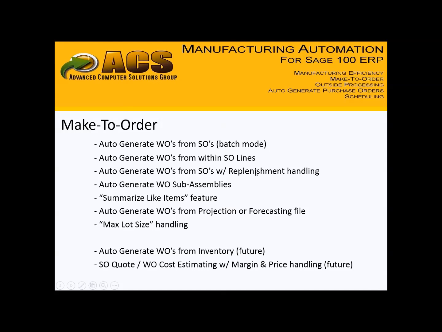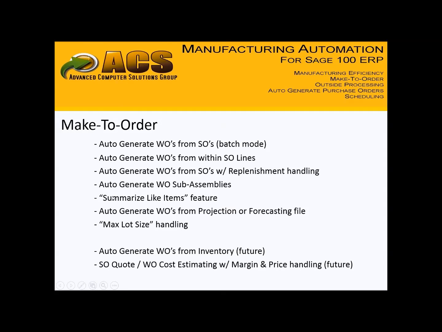When I say replenishment handling, I'm talking about availability, and then all your replenishment detail in terms of reorder points, minimum order quantities, max stock levels, whether you do it based on reorder points or economic order quantity, the reorder methods that you utilize for your sub-assemblies or your finished goods. So we could generate work orders and take into account if there's some availability on the shelf, why make it for the full demand required, right? So we offer that type of feature.